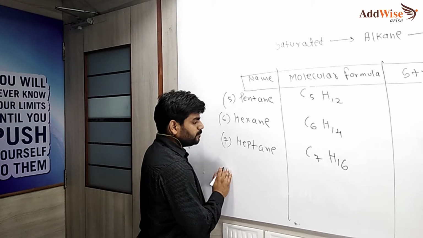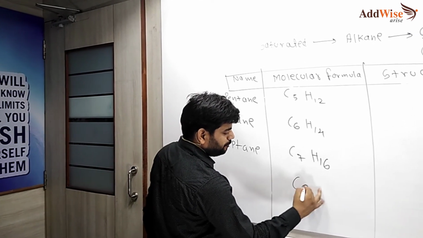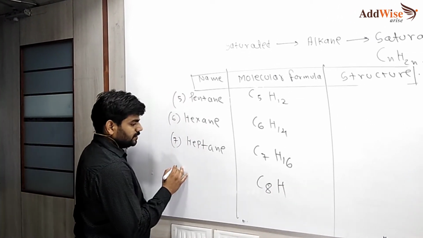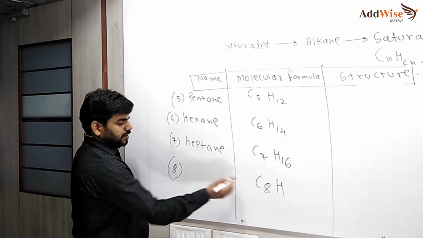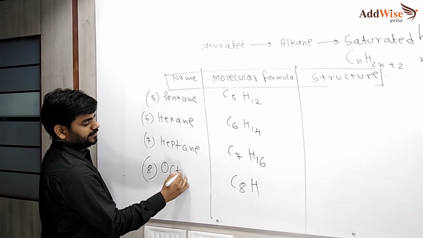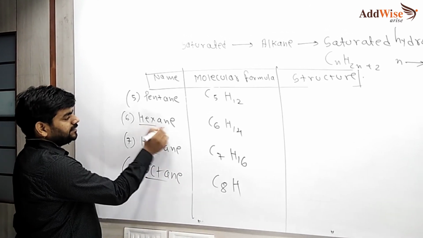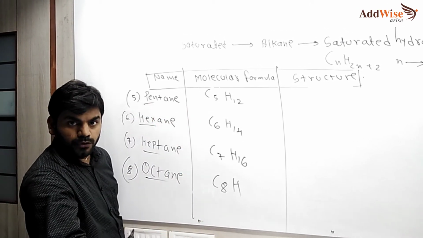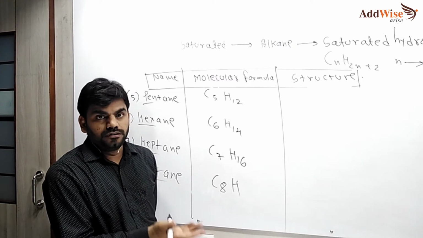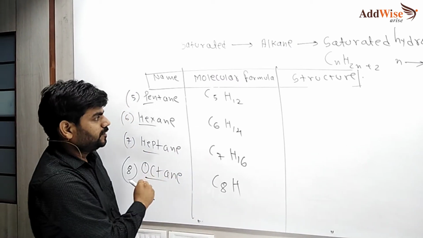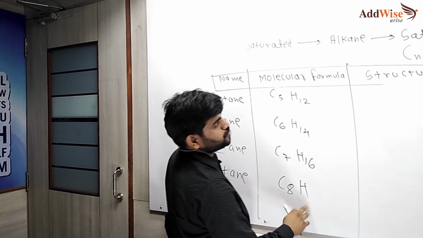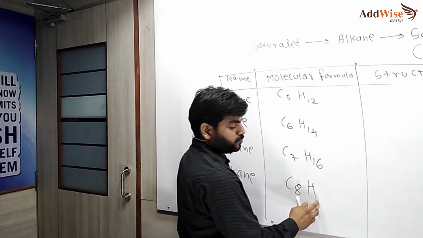If there are 8 carbon, then that will be C8, represented by octane. 8, 7, 6, 5, 4 but, 3 prop, 2 eth and 1 meth. So C8H, how many hydrogen? 18.